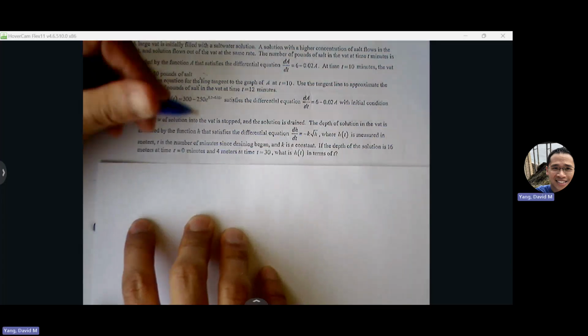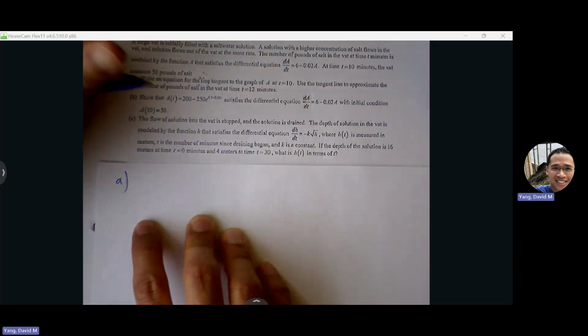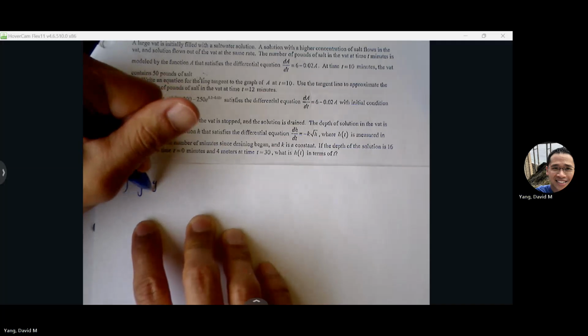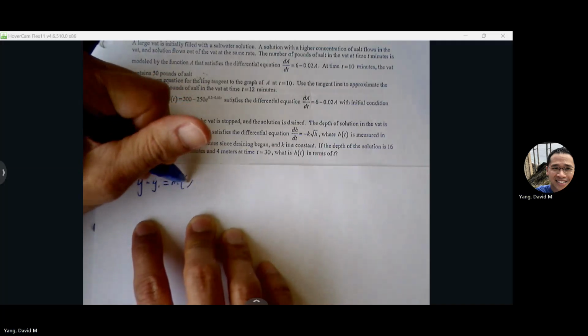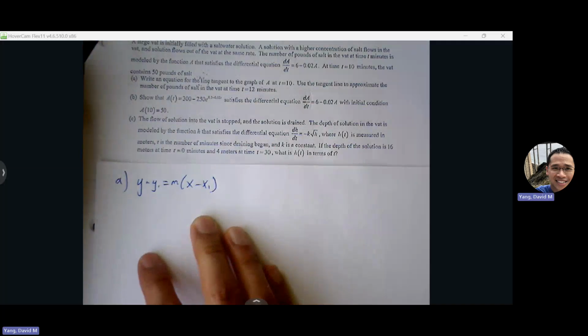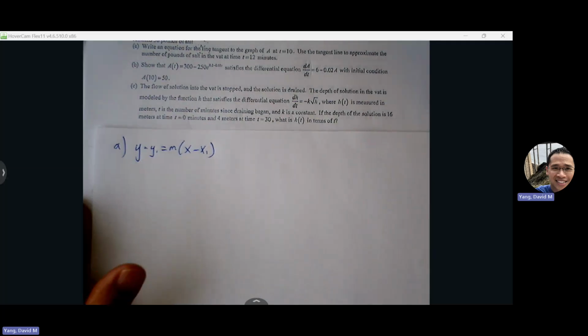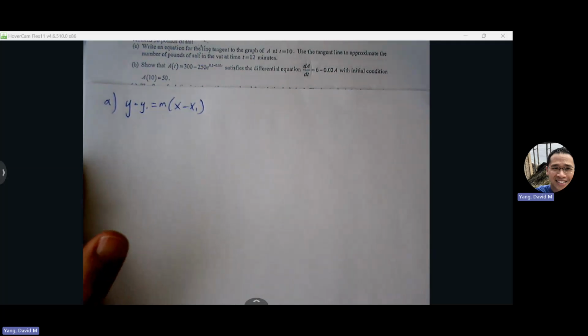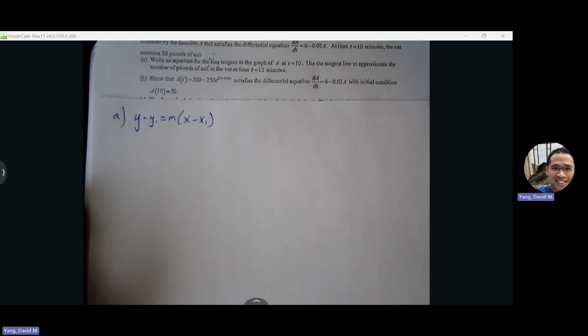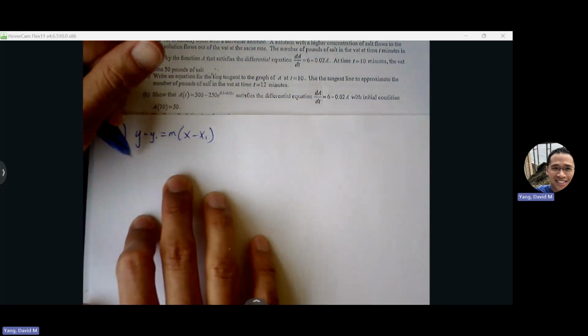So normally we think of tangent line equation in terms of y and x's. But we have to adapt our equation into the variables that are presented here. So instead of x and y, we're going to use t for time and A for the amount of salt, so t will be your x, and then your A will be your y. So we can think of it this way.